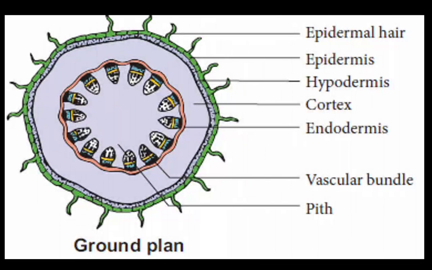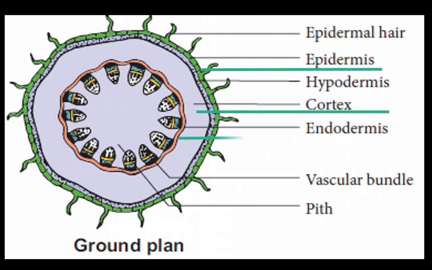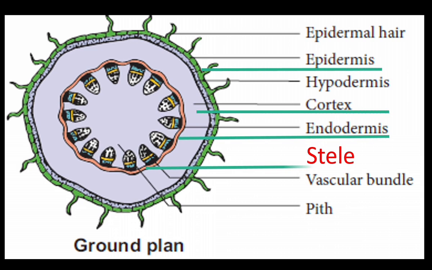It shows outer epidermis and cortex, endodermis, all the components inner to the endodermis form the stele. Epidermis is the outermost layer of Dicot stem.